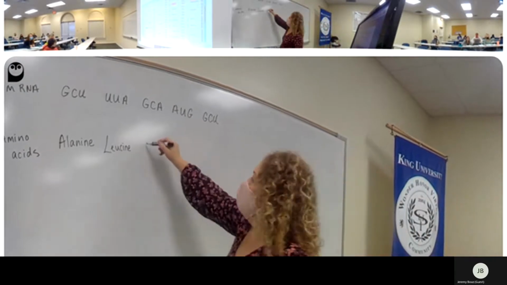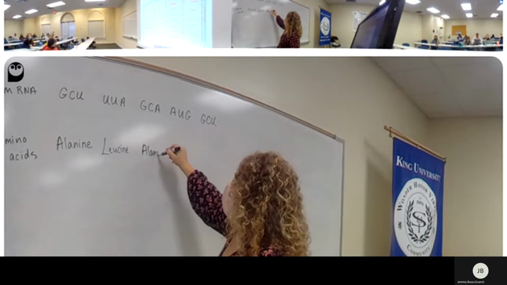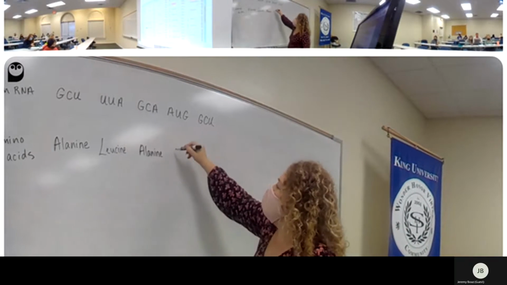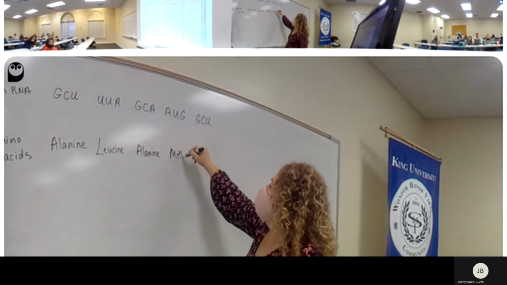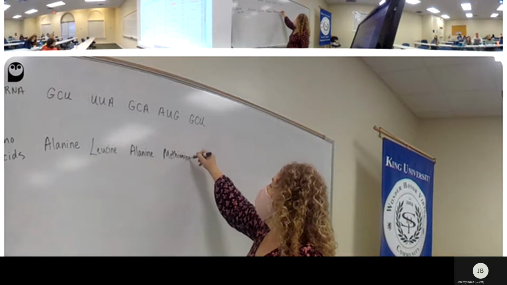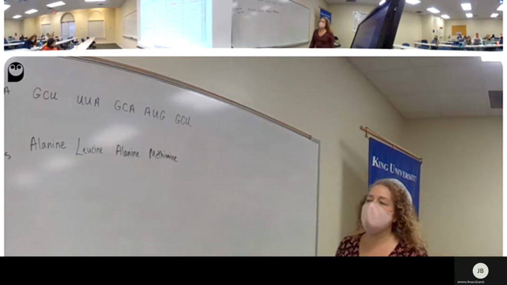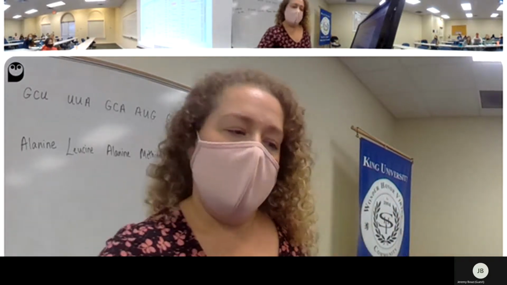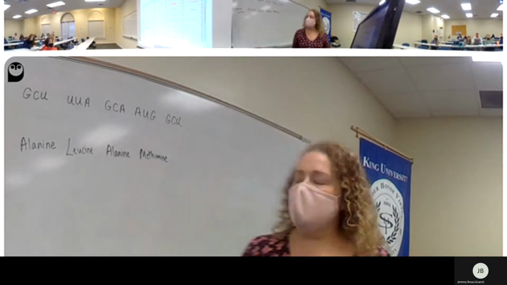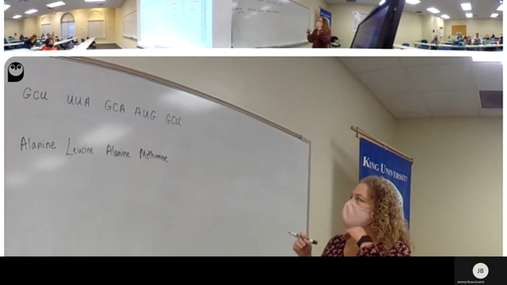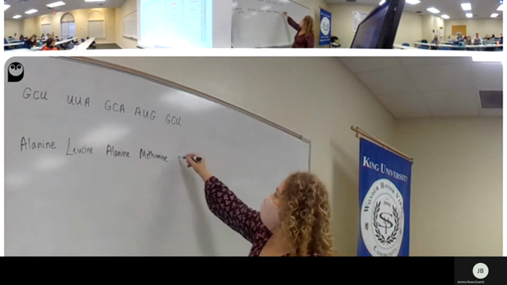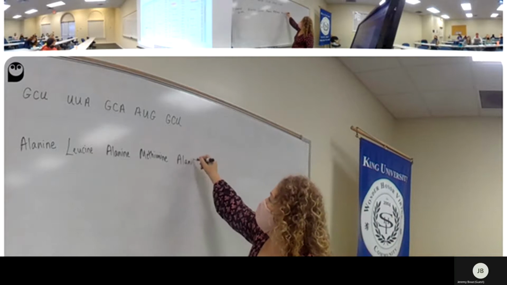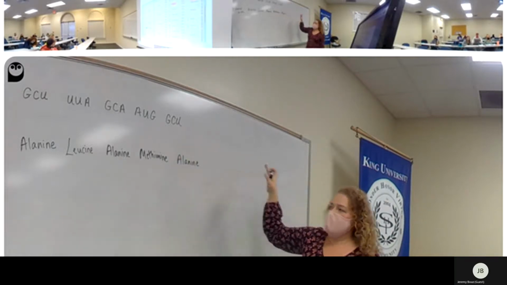Alanine again. AUG, this is one I have memorized, just from my past. Methionine, that's the start codon that's always at the beginning of a sequence. And then GCU, we have alanine again. So that would give us the amino acids.